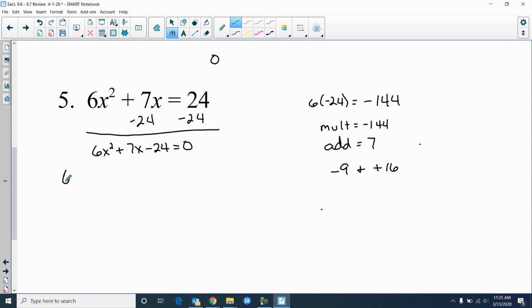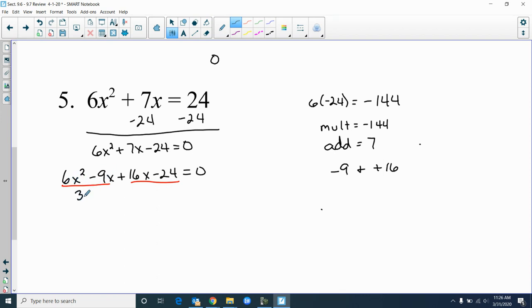Keep your first term, which is 6x squared, the same. Minus 9x plus 16x minus 24 equals 0. All right, you gotta be careful on this one. A couple spots where you can make mistakes. 6x squared minus 9x, what's your GCF? What number will go into 6 and 9?